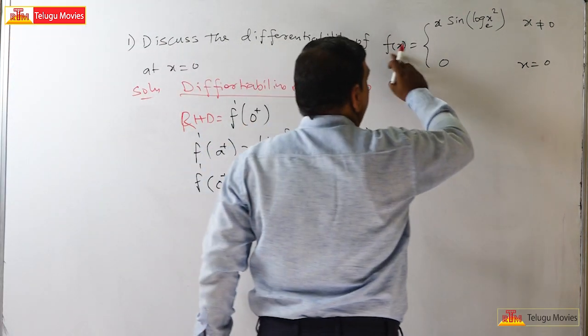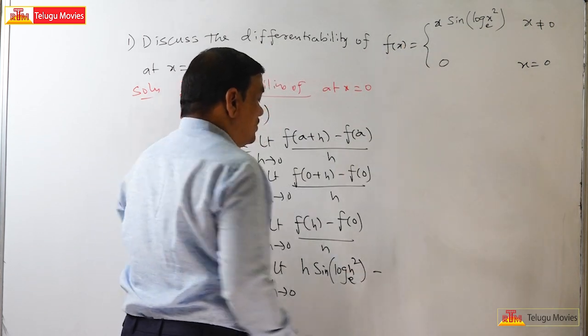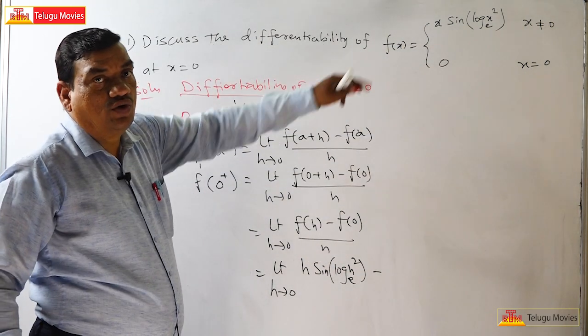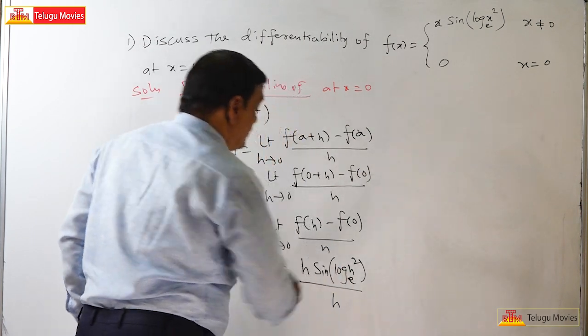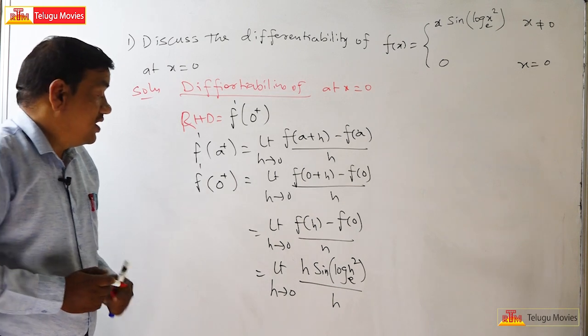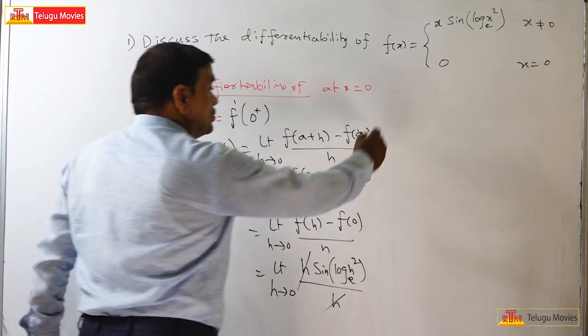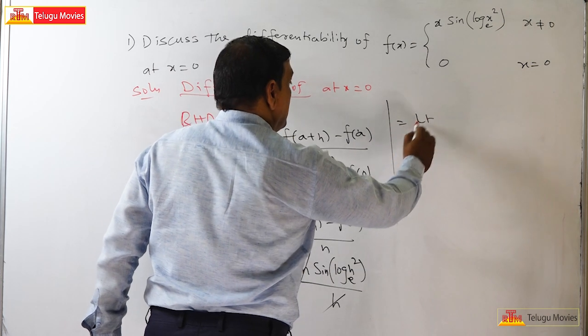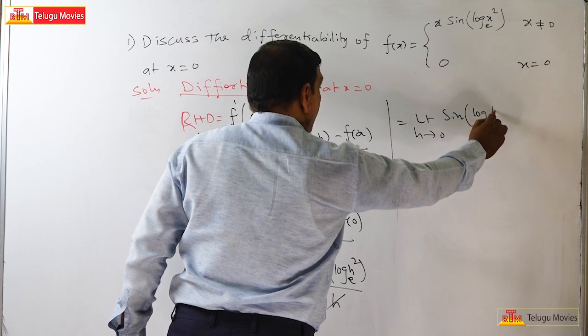It is already given that when x is equal to 0, f of 0 is equal to 0, divided by h. Now h will get cancelled.